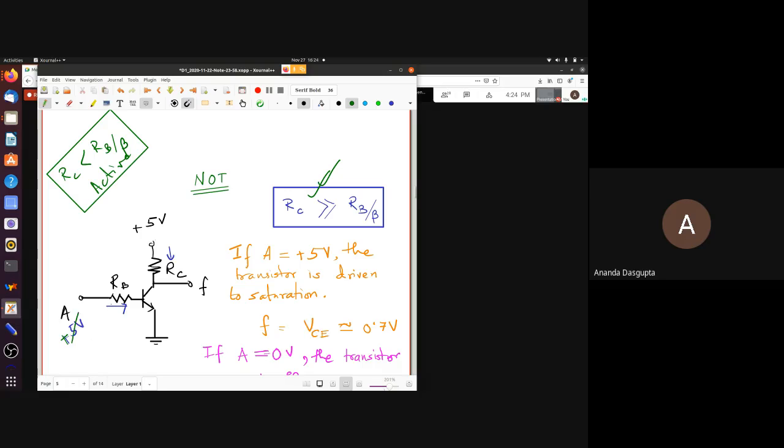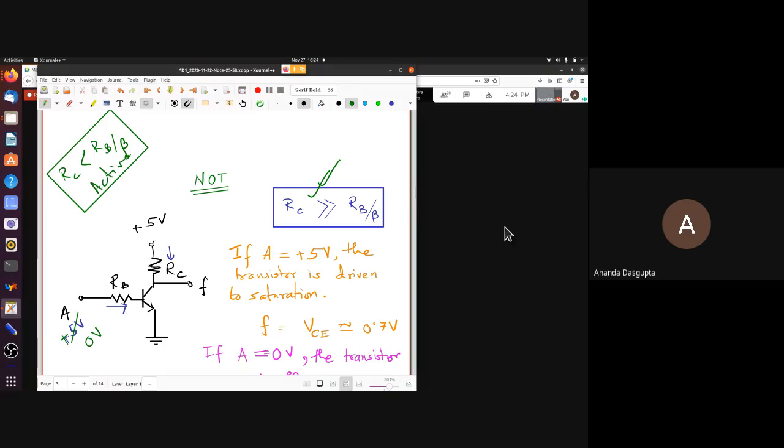Well, if you change this to 0 volts, what will happen? Then the base emitter junction is unbiased, so it's cut off. As a result, very little current will flow through RC. There will be a tiny current because of minority carrier current, the ICEO, but that's tiny. So there is no drop across RC, and no drop across RC means output will be the same as the voltage at the other end of RC, which is 5 volts.